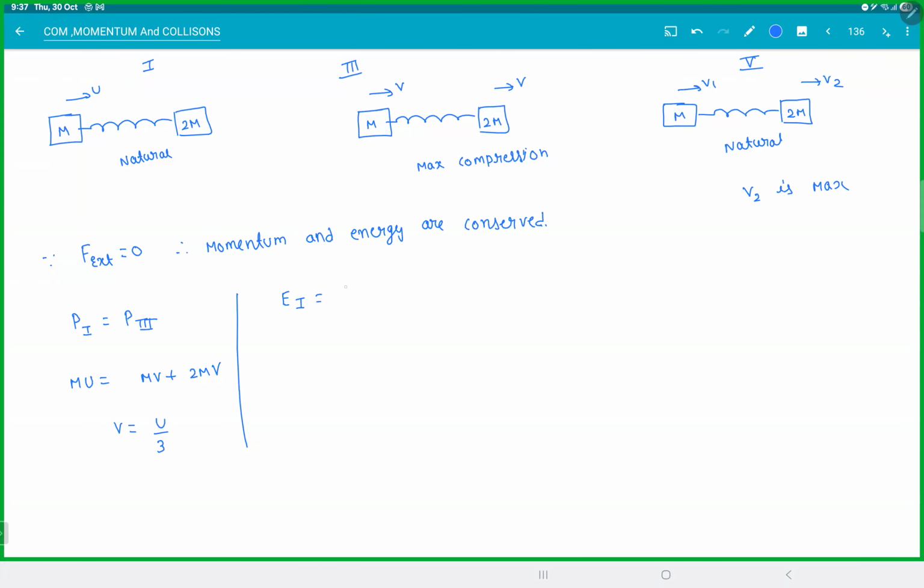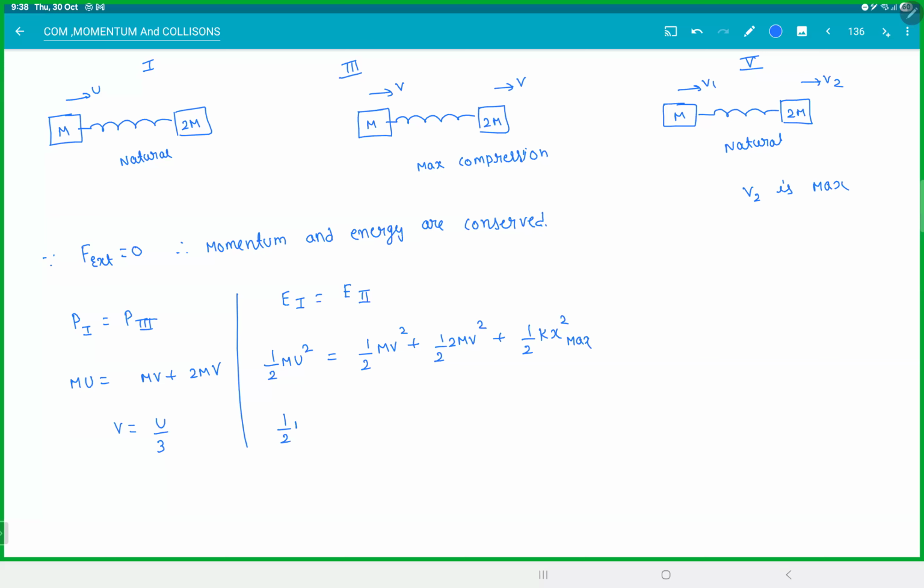Energy in state 1 is equal to energy in state 3. Initial energy, you have only kinetic energy. Spring energy is 0 because you're at natural length. Gravitational energy is 0, you're on the same height. Final energy: half mv square, half 2mv square plus half kx square. This is your maximum compression.